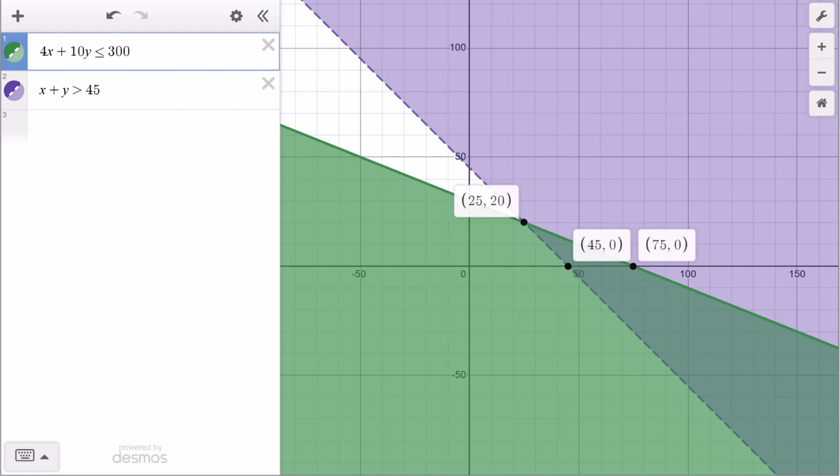So it's always in this first quadrant of the Cartesian plane. So that being said, our solutions are bounded within these three coordinates: (25, 20), (45, 0), and (75, 0). So we'll go ahead and sketch that on a graph, and then we'll be done.